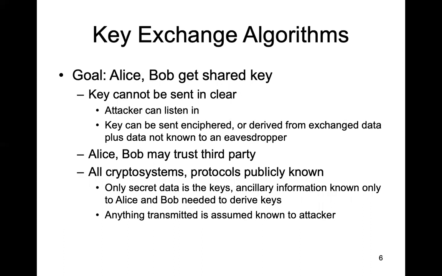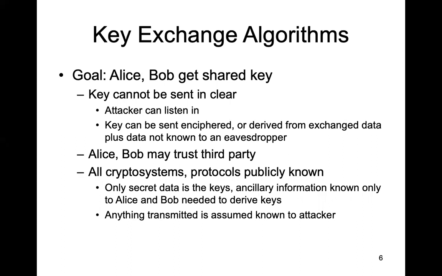If Alice sends Bob the key in the clear over the wire, over an internet connection, the attacker can listen, and therefore, you cannot send it in the clear. So the key can be sent encrypted, or it can be derived from data that's already exchanged between Alice and Bob. But the important point is that this data should not be known to the eavesdropper.